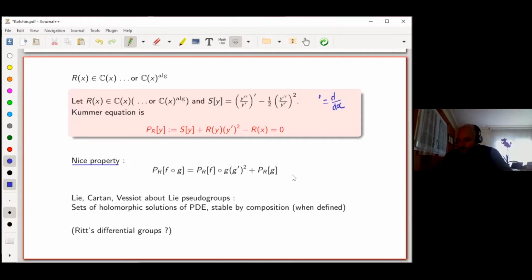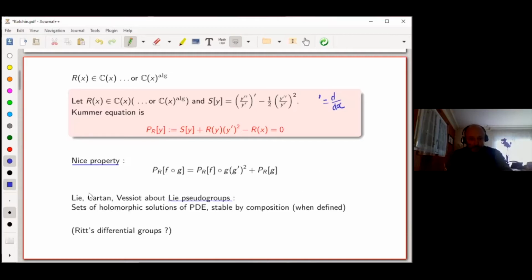Because of this compatibility with composition, if PR of F is 0 and PR of G is 0, then the composition is a new solution of your equation.